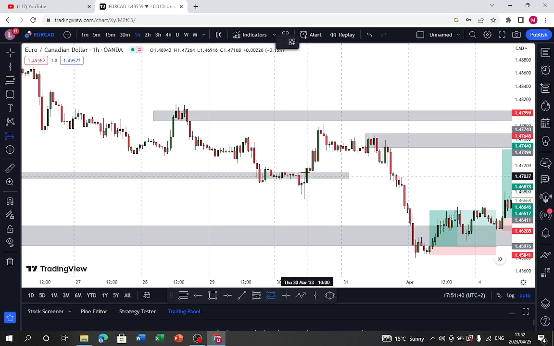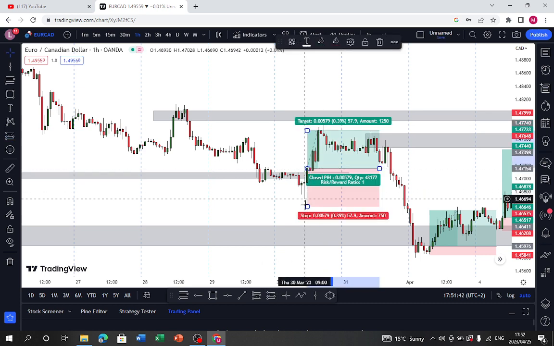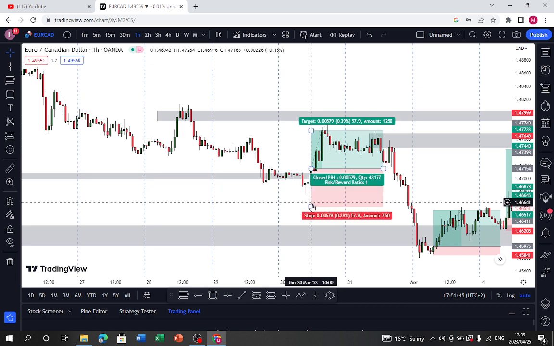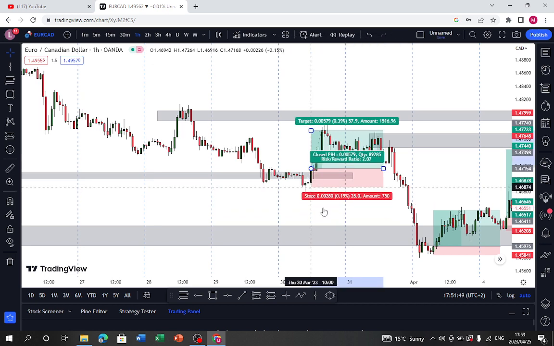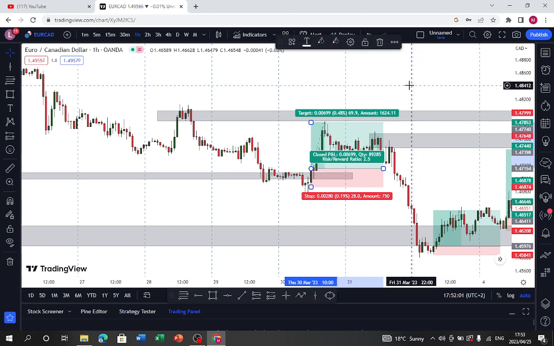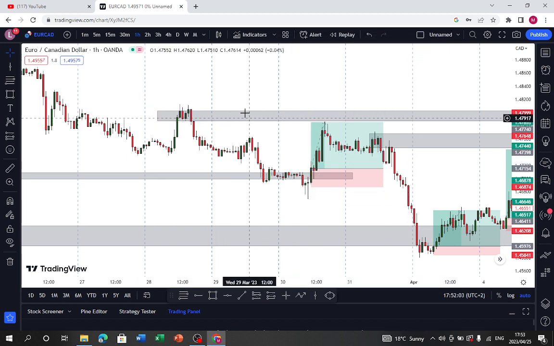We are going up, right? Took this buy, placed my stop below this, then I was able to catch almost a 1:2.5. Yes, a 1:2.5 was reached.